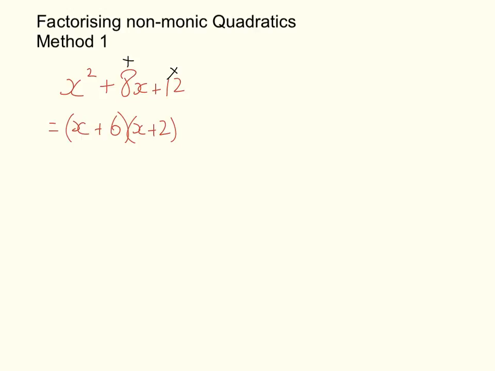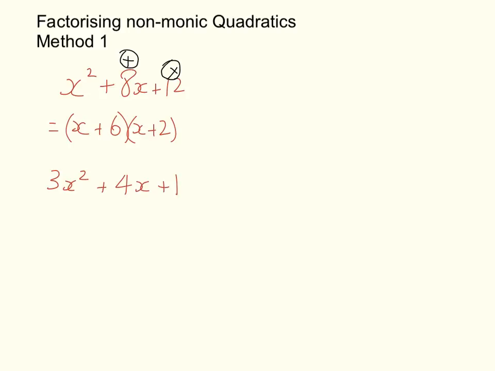Now we've looked at lots of different varieties of this where we have some negatives in there. We might have a negative x and a negative constant term as well. But what we want to look at now is something that looks like this. 3x squared plus 4x plus 1.